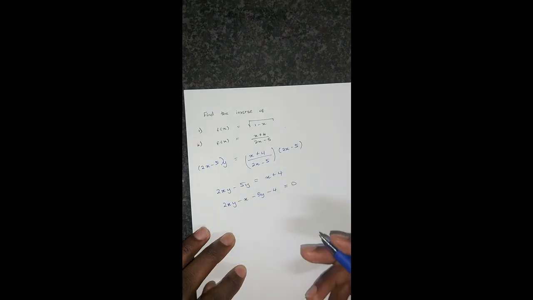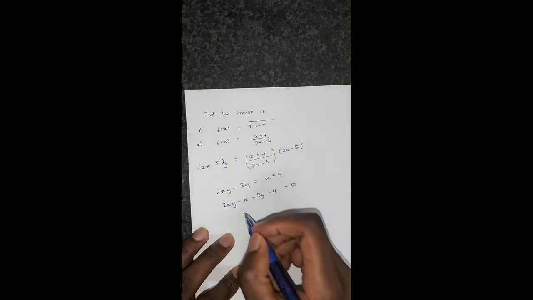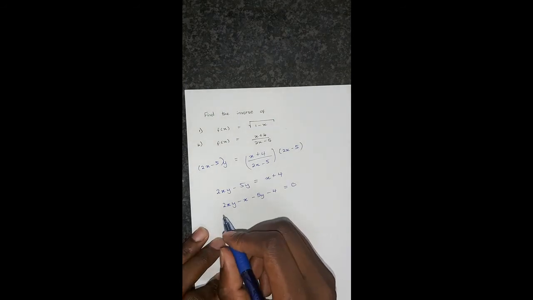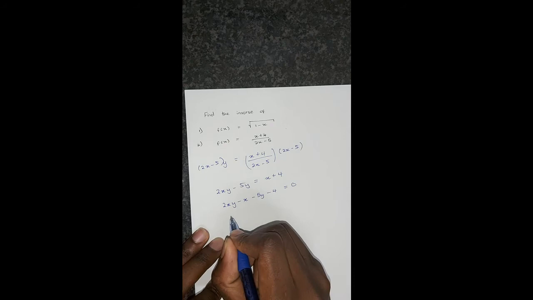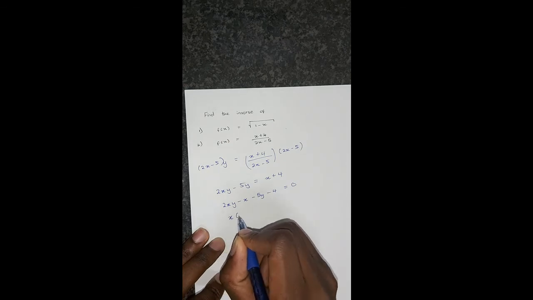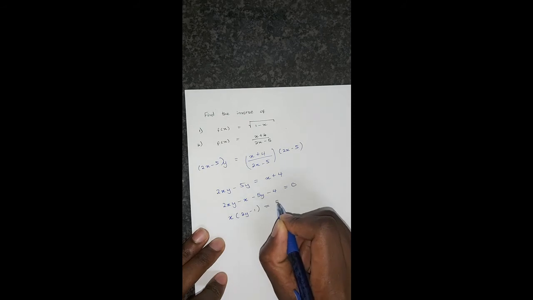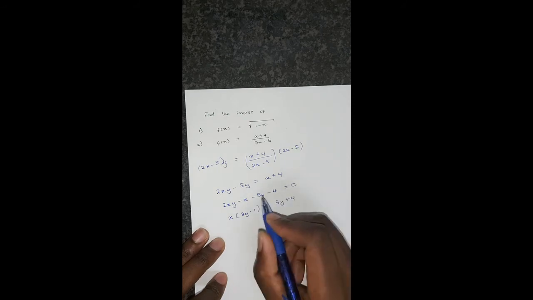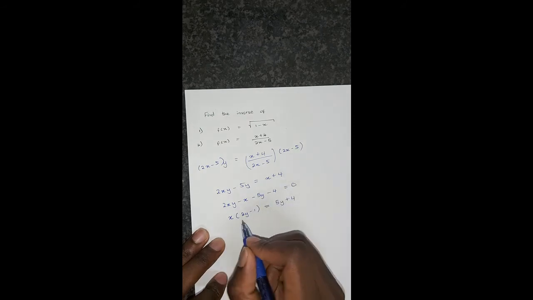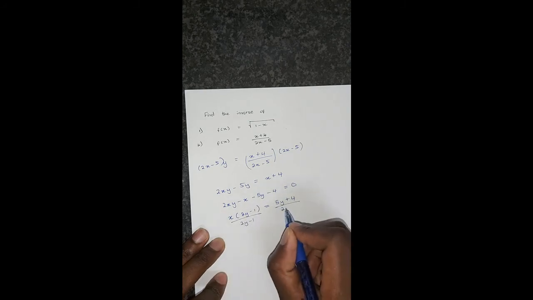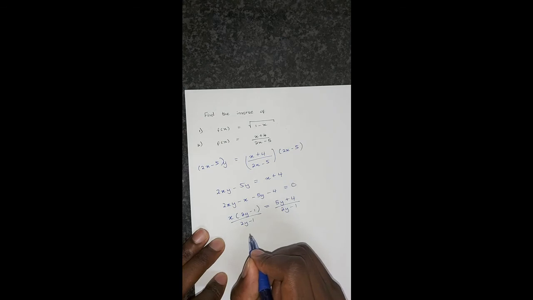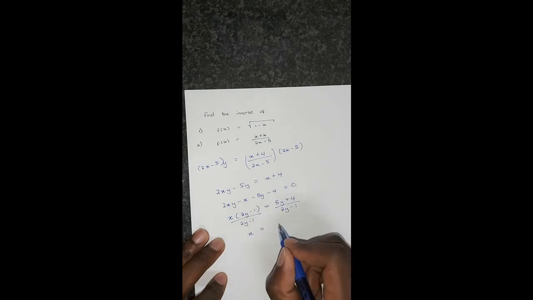So now I'm basically making x the subject of the formula. I'm going to factor out x, such that I have x(2y minus 1) being equal to 5y plus 4. So I've taken these to that side. And then I divide throughout by 2y minus 1 over 2y minus 1, such that I have x being equal to 5y plus 4 over 2y minus 1.